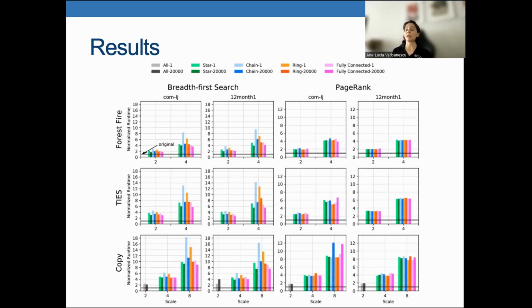So what you see here is a set of graphs. Each graph shows the behavior of two algorithms. Left-hand side is BFS, right-hand side is PageRank, using two seed graphs, that's less important, at different scales. Basically all the scaled versions are obtained using our scaling up method, using 3 sampling algorithms.